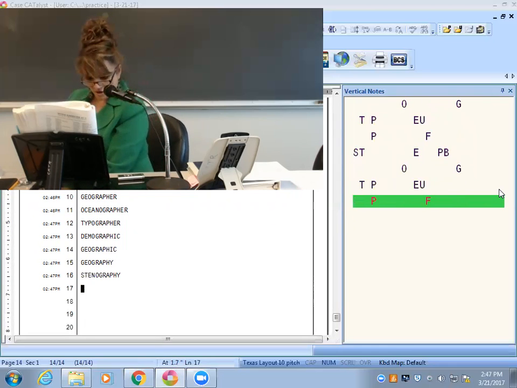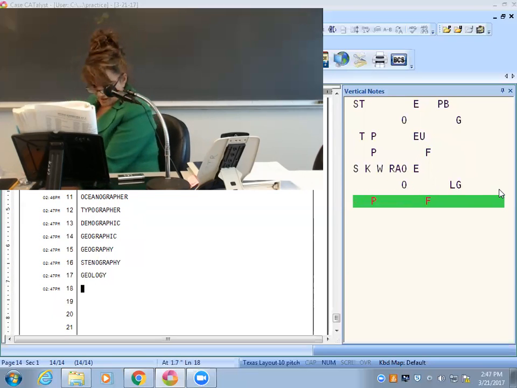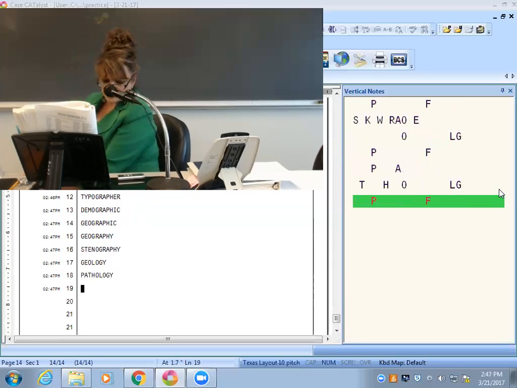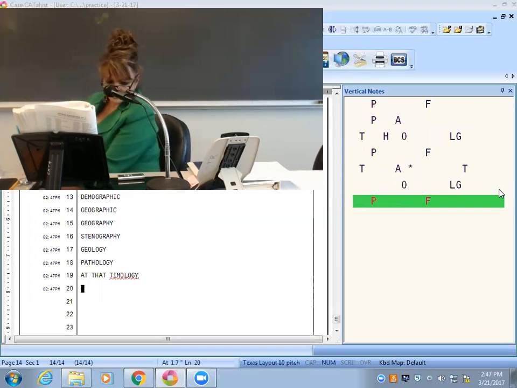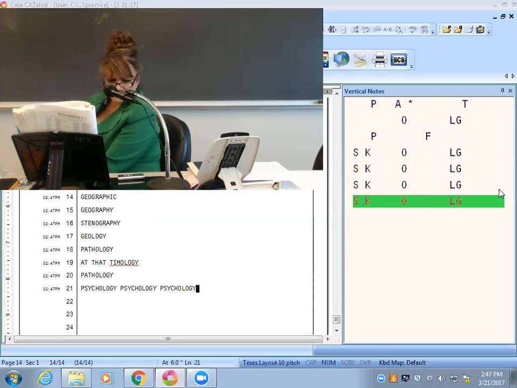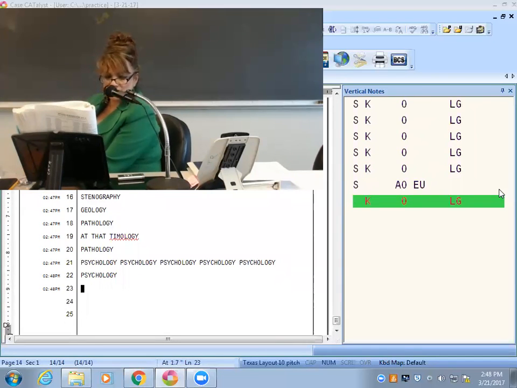And then words ending in ology and ologist. All ology words are OLG, the ending, okay? Pathology, you can write it two different ways, however you hear it. You have psychology. Did I give you a brief for psychology? SKOLG, yes. Psychology is SKOLG, the brief. Instead of writing psychology, just write schology.